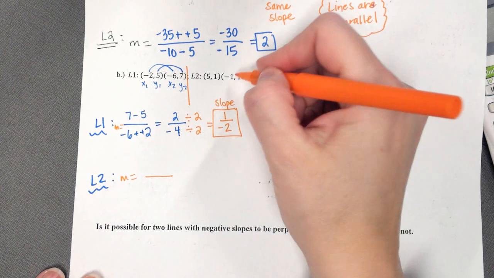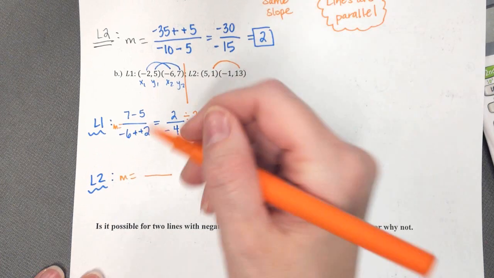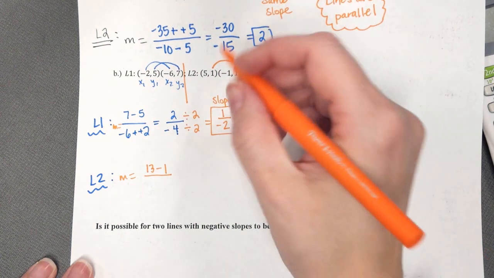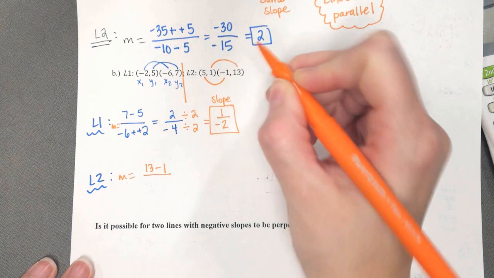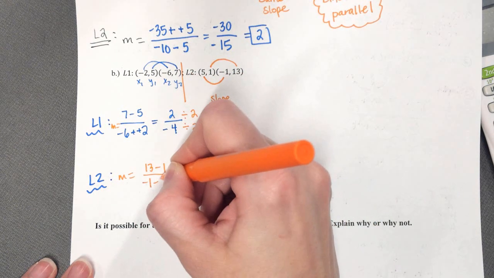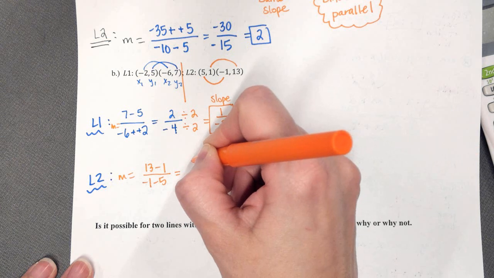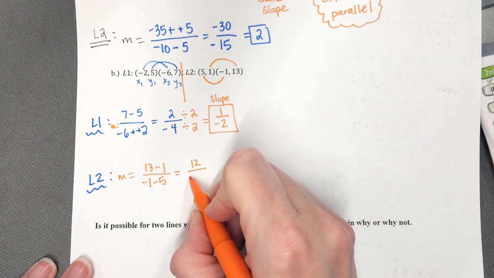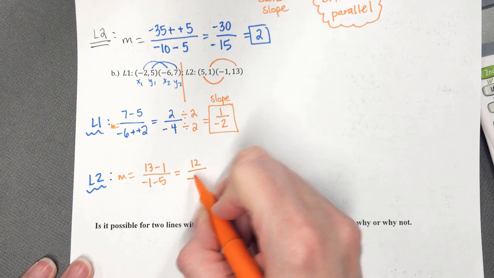Okay, now for line 2, we're going to do 13 minus 1. Okay, and then negative 1 minus 5. So you get 12 on the top. What's negative 1 minus 5? Negative 6. Great.